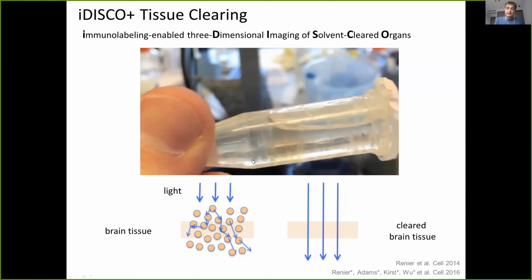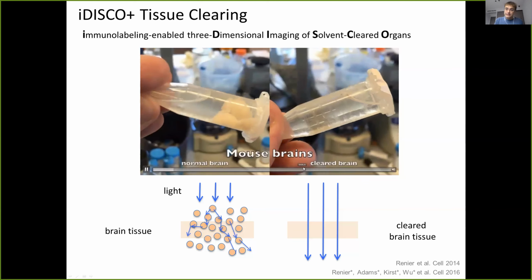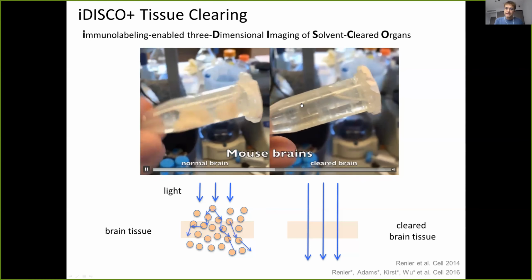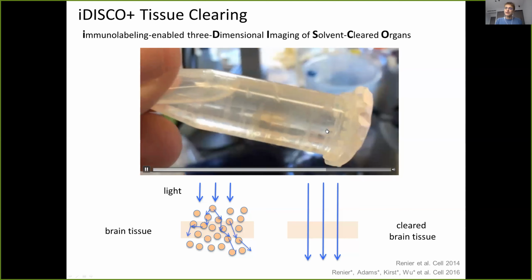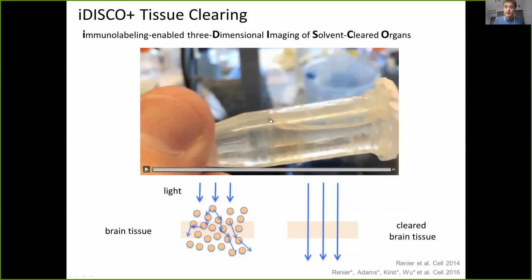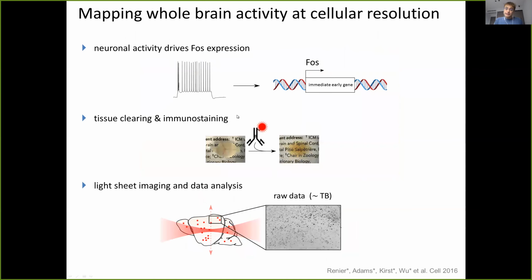This method removes the lipids and makes the brain basically transparent. Here you see the normal brains on the left, and the cleared brains you hardly see in this tube, because the lipids are removed by a sequence of solutions applied to the brain. So this technique solved the first step.